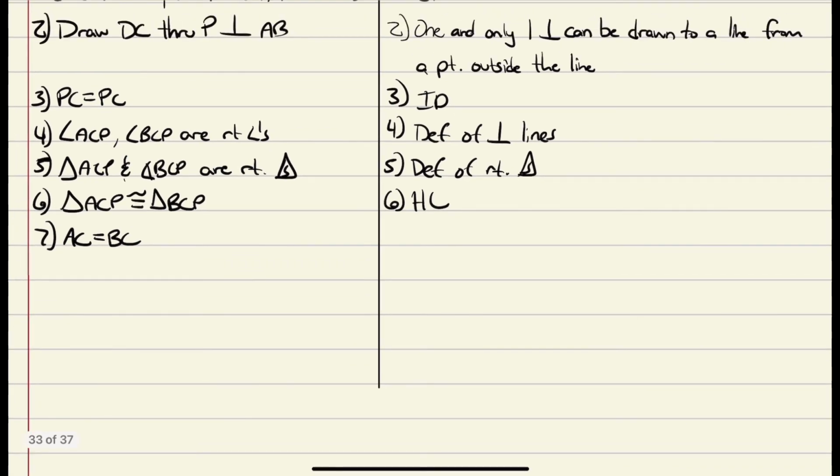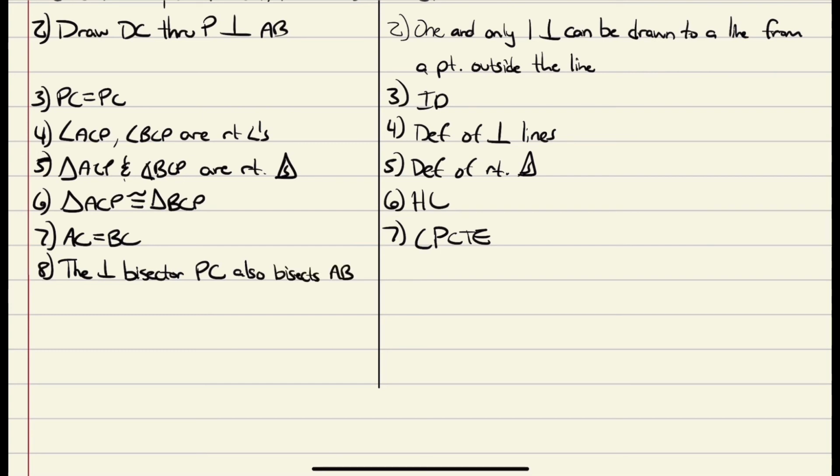Number 8, the perpendicular bisector PC also bisects AB. Definition of a bisector. And so obviously P is in that line, so P lies in the perpendicular bisector of AB.